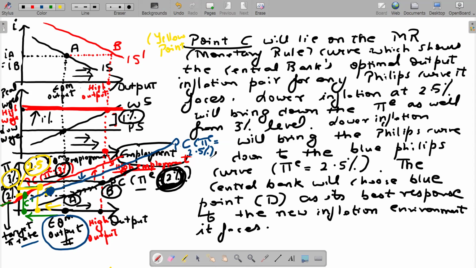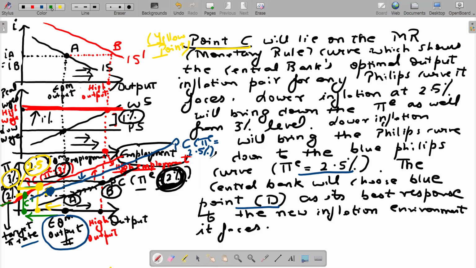The yellow dark point, students can see. This is the yellow point, and this is the blue point. The blue point is point D, corresponding to the expected inflation of 2.5%. The yellow point is point C, corresponding to the expected inflation of 3%. When you join points C and D, you get the monetary rule curve.